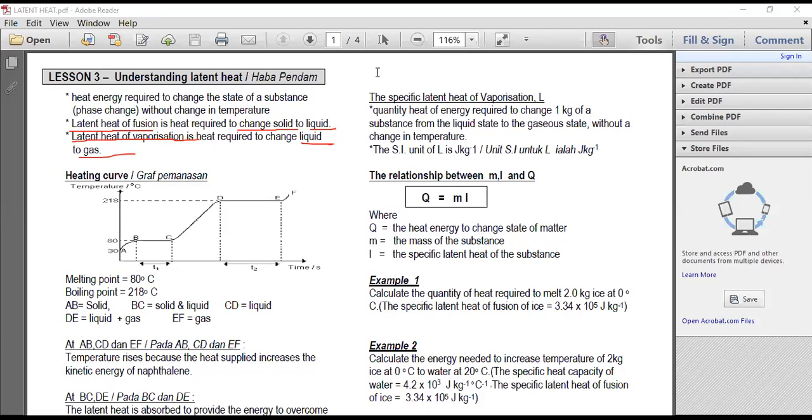So let's say you have solid, then liquid, then gas.